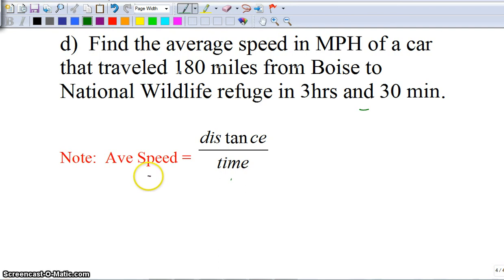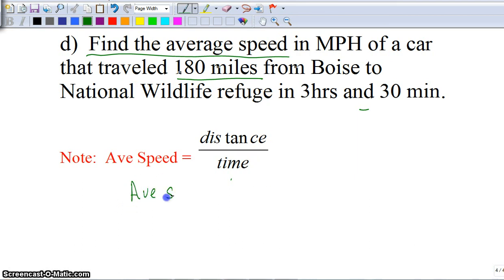Well, I know I have an average speed. Well, it tells me to find the average speed. So I know that's going to be the value I'm going to try and find. Let's see, that traveled 180 miles. Oh, that's my distance.